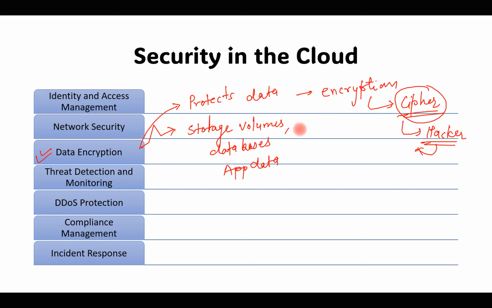So we can encrypt this data and feel secure, and it will protect from hackers or unauthorized persons who can access this data. Even if somebody gets access to it after encryption, they will not be able to read what is written there. It will also help us comply with data privacy regulations as well as industry standards.